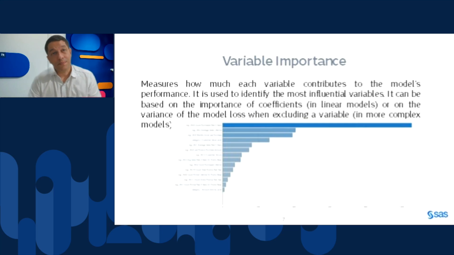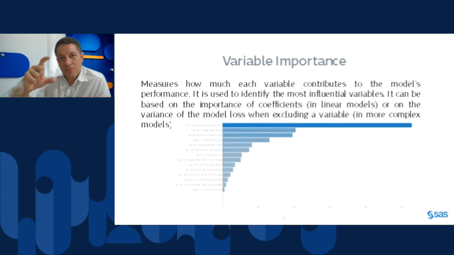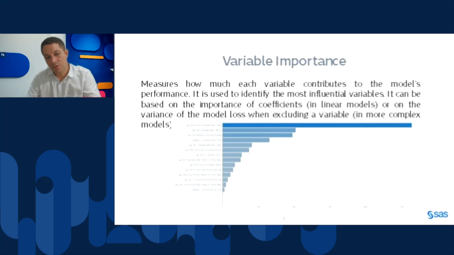For example, here we have the importance calculated by the difference in the loss function. When I remove that variable, we can see in this example that the error of the model increases a lot.